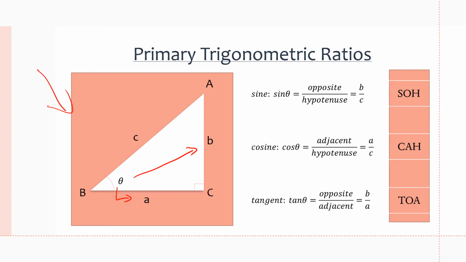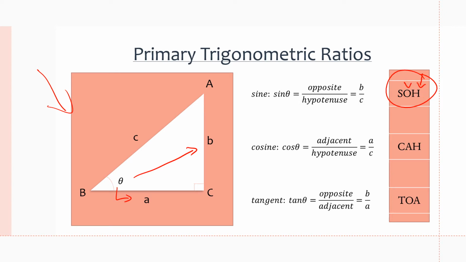Okay, so now we can learn about a very useful acronym that many use to remember what side goes on the denominator and what side goes on the numerator for each ratio, which is SOHCAHTOA. So we'll go over each one. SOH stands for sine, opposite, and hypotenuse, which tells us that for the sine ratio, first comes the opposite side of the angle, and then comes the hypotenuse.